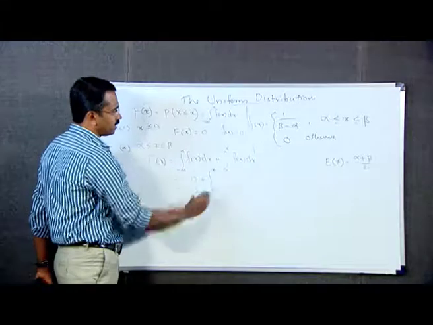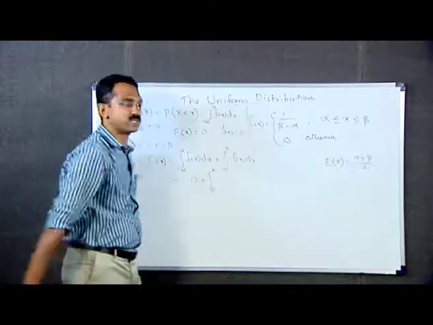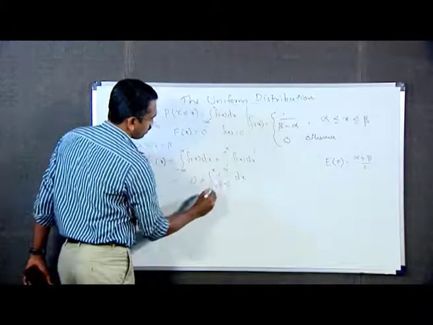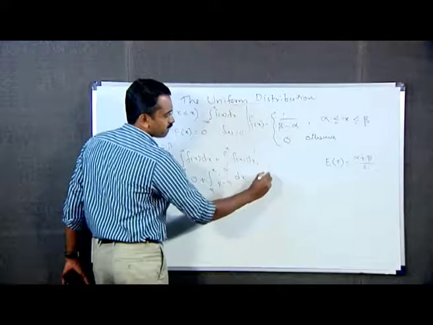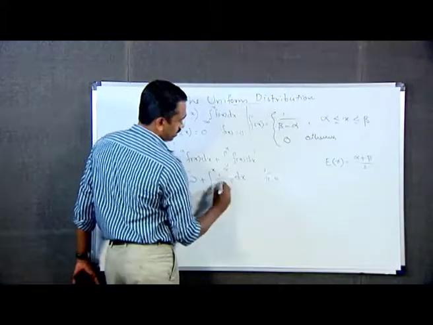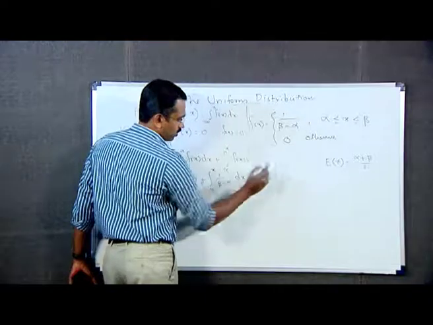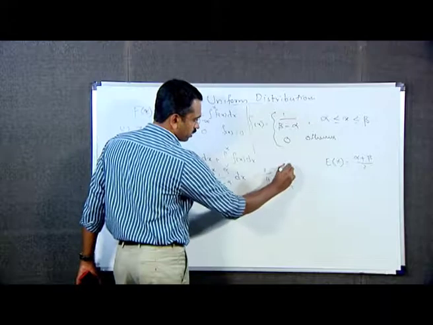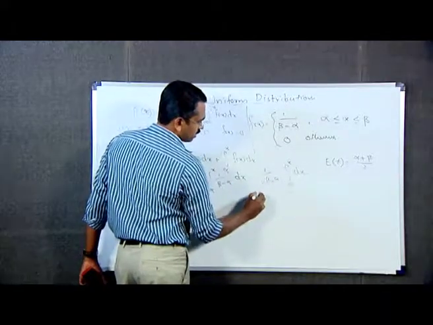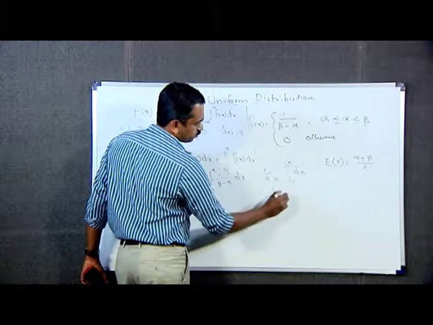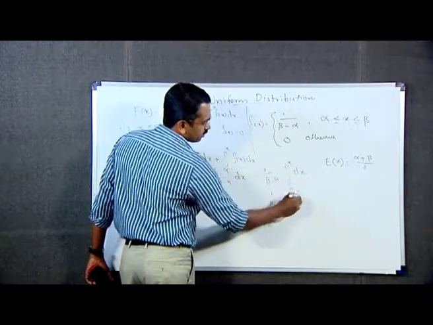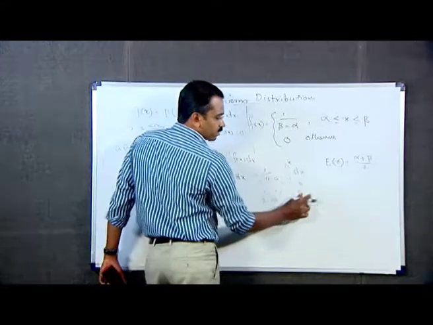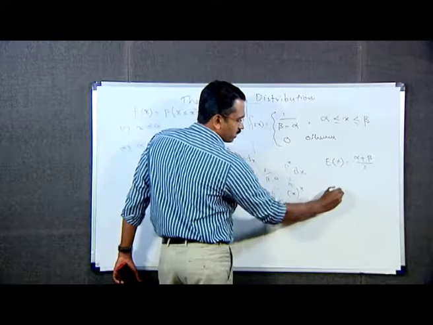Here f of x is defined as 1 by beta minus alpha dx. 1 by beta minus alpha is a constant, so that is equal to 1 by beta minus alpha into the integral from alpha to x of dx, that is 1 by beta minus alpha into x between the limits alpha and x, that is equal to x minus alpha divided by beta minus alpha.